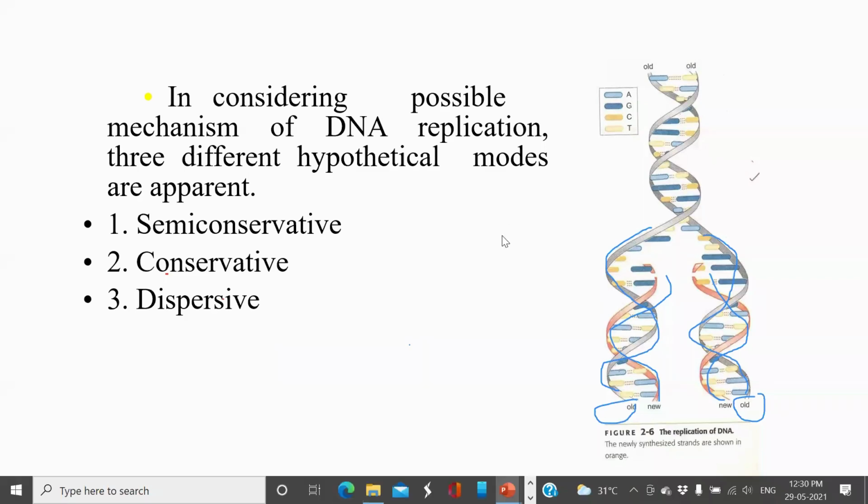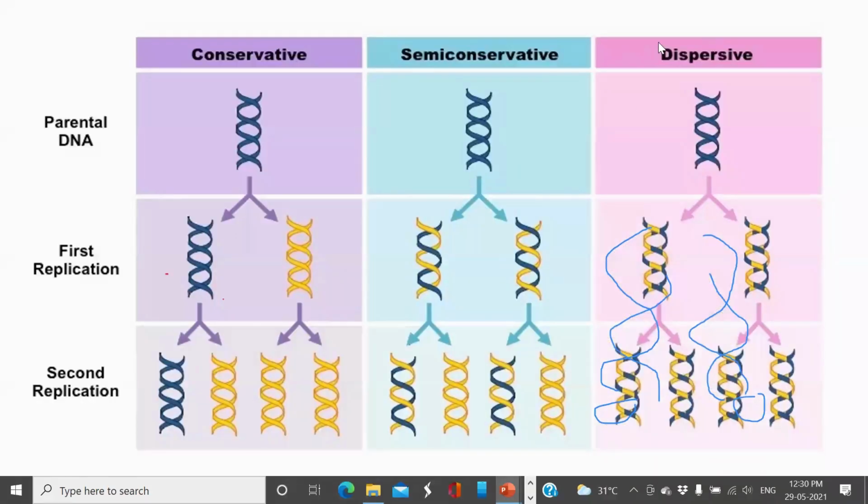Then some scientists proposed that it takes place by the dispersive mode. So you can see here all three modes. These are only theoretical models. Remember, this is the conservative, and what happens in the conservative mode?